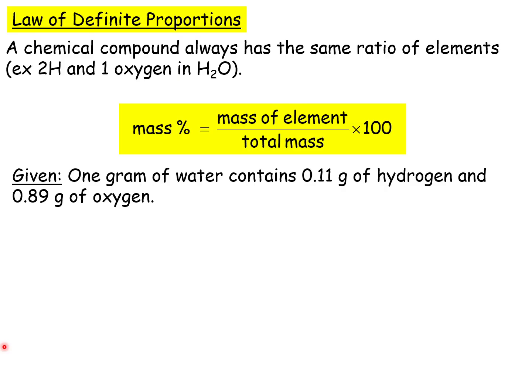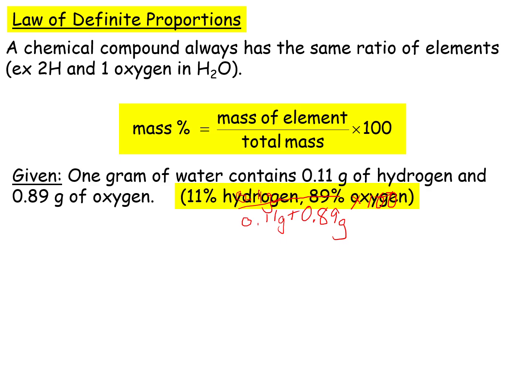So if we wanted to determine the mass percent of hydrogen and oxygen, given this information, we could write it out and say that, well, I got 0.11 grams of hydrogen, and then we have the total mass, which is 0.11 grams plus 0.089 grams, so 1 gram, times 100, and we do the math, and we end up getting that we have 11% hydrogen and 89% oxygen.